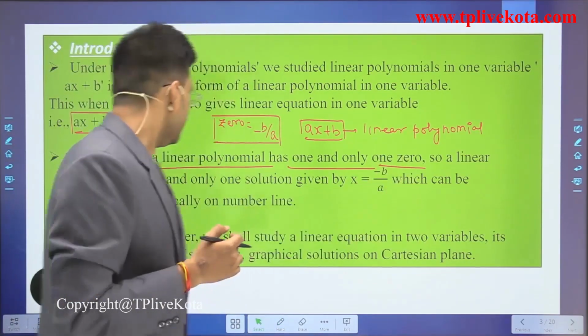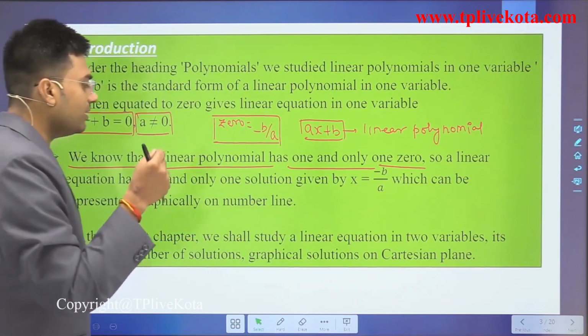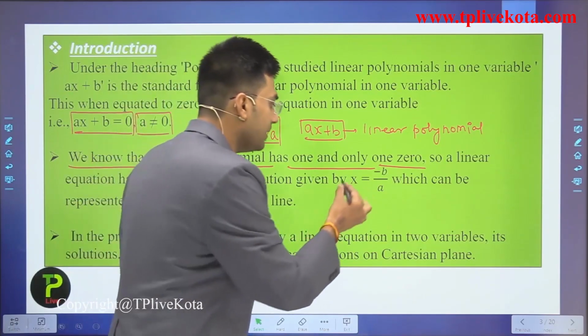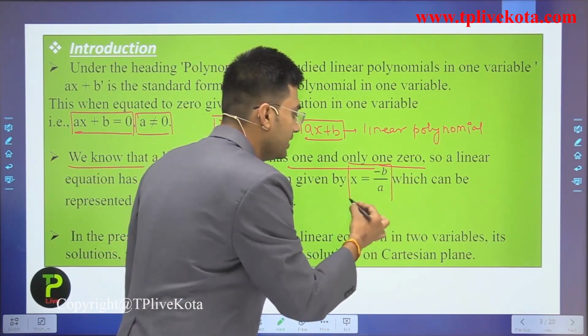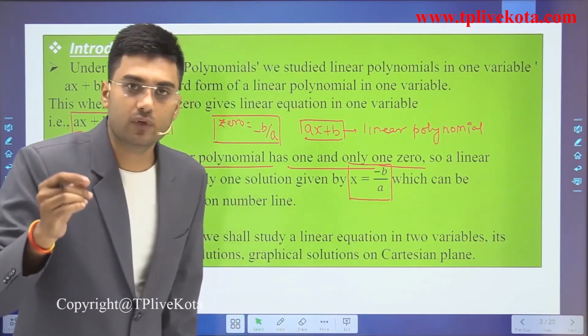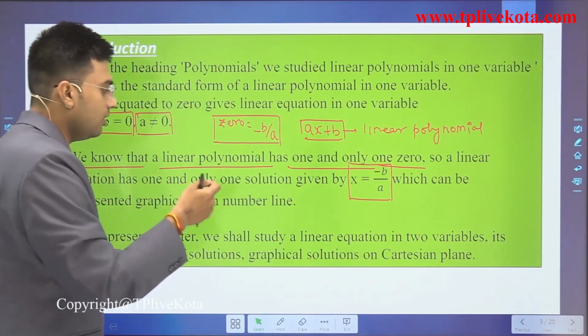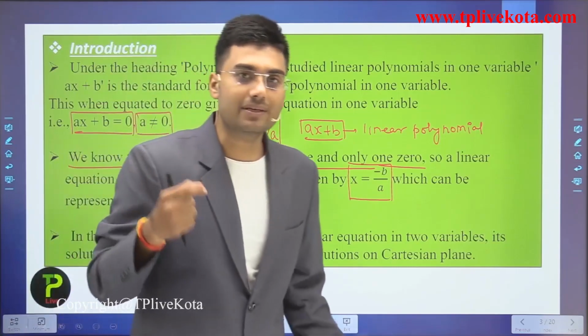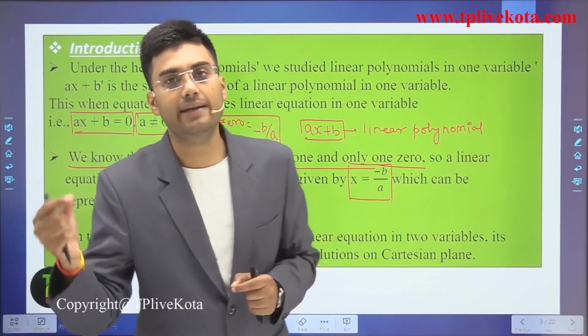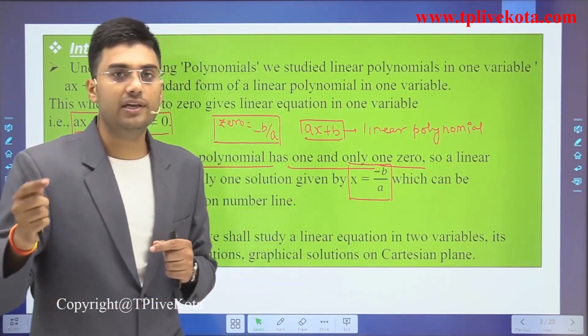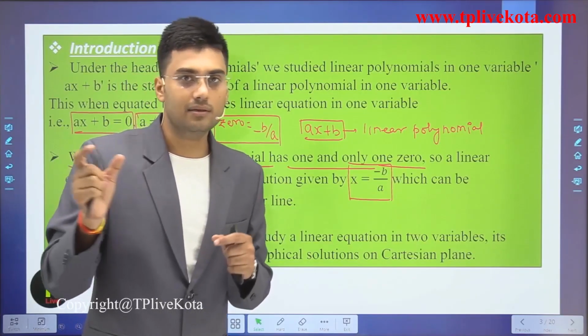So a linear equation has one and only one solution, given by x is equal to minus b divided by a, which can be represented graphically on a number line. We can represent this x is equal to minus b upon a graphically by using a number line.